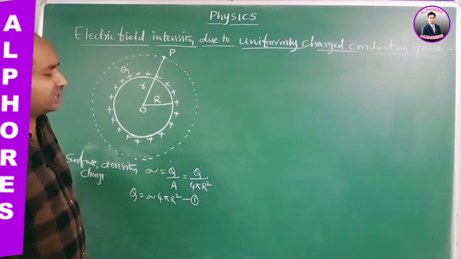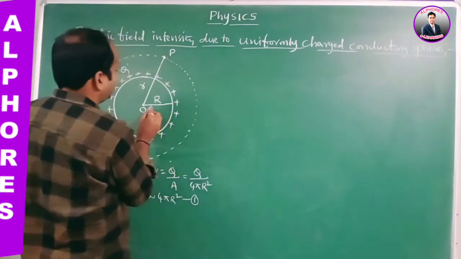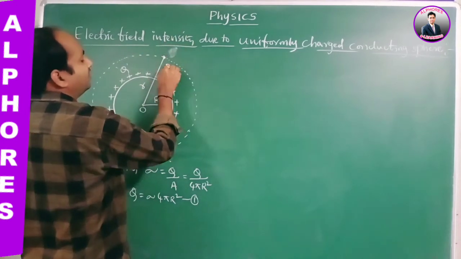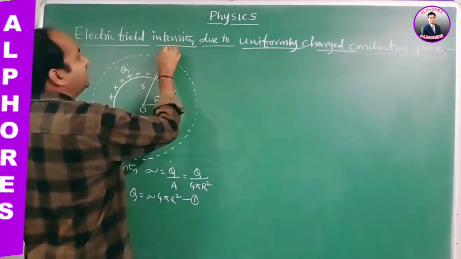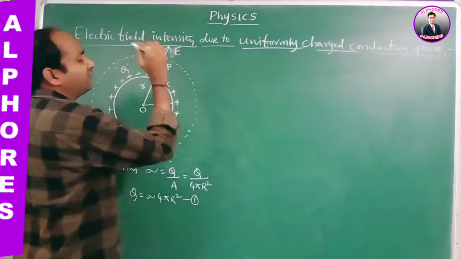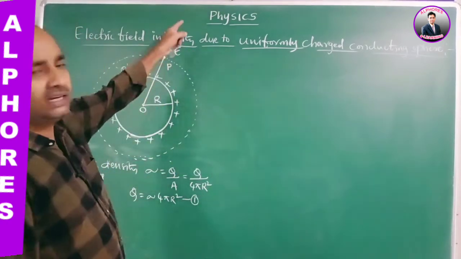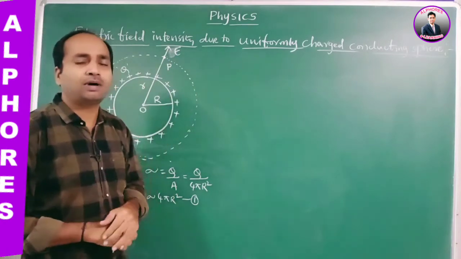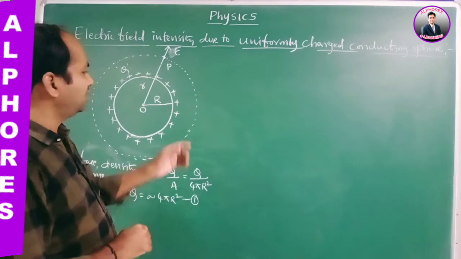Now, first of all, the charge given to this sphere is positive, which means the direction of the electric field is radially outwards. This is the direction of E here. Now first of all, calculate the flux passing through a small part of the Gaussian surface.